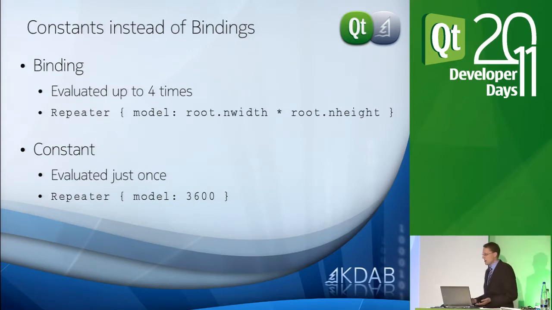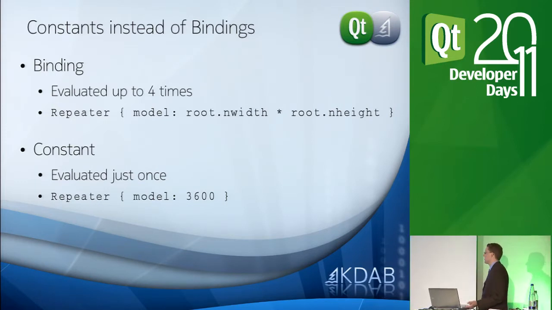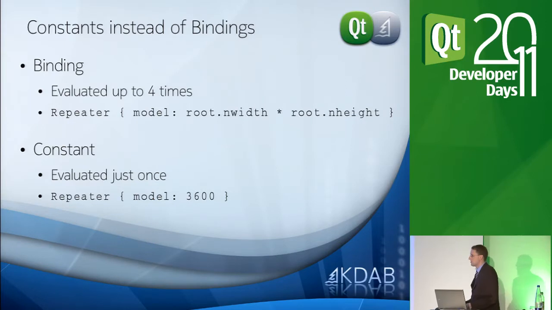So now the easiest way out is to not use a property binding. In this case, it's basically constant, so I can just put in the number there. And we won't have a single regeneration of the repeater code. So that already, compared to the binding solution, speeds up things by a factor of 4, because we only have 1 regeneration of the repeater.